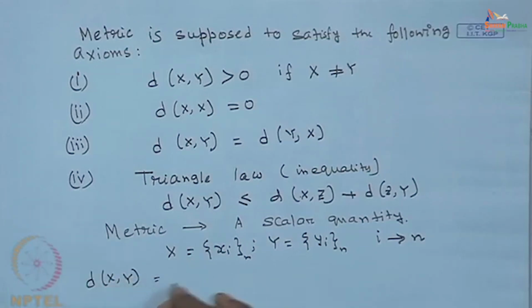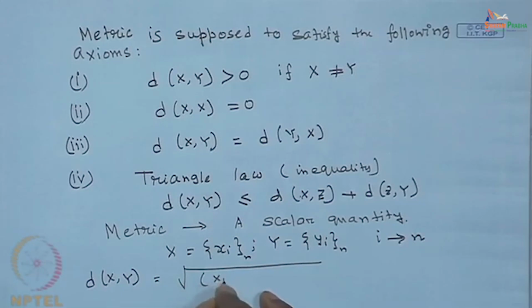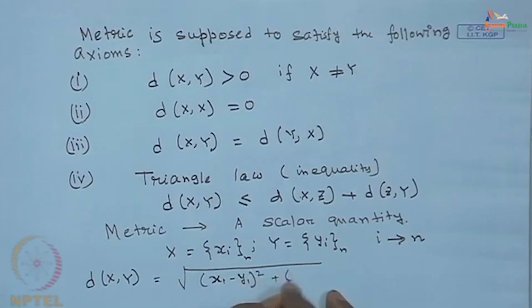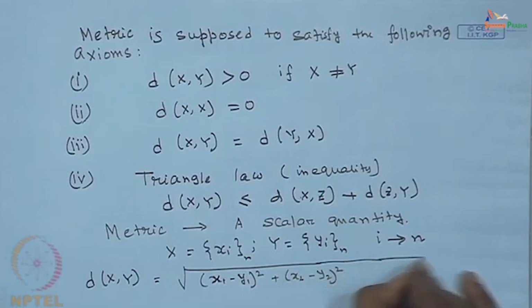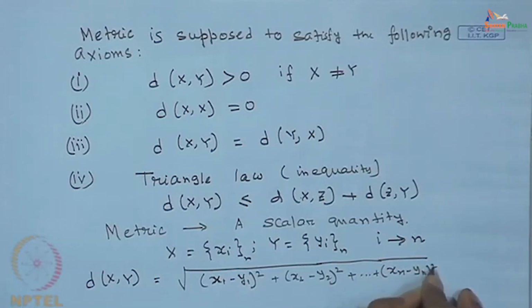It is defined as the square root of (x1 minus y1) square plus (x2 minus y2) square, and this goes on up to (xn minus yn) square.